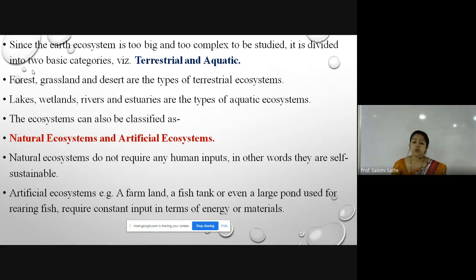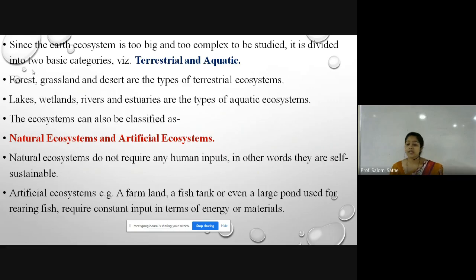Since the Earth ecosystem is too big and too complex to be studied, it is divided into two basic categories, that is terrestrial and aquatic. Here we are going to learn the two kinds of basic category where we can learn the ecosystem on the basis of where they are present. First one is the terrestrial and the second one that is the aquatic.